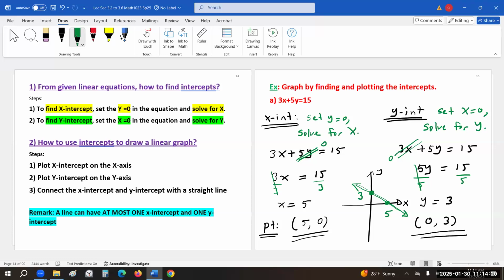And all of these you are going to do in the final exam. So you have a very fast final exam question. Draw a line, but first you have to find x and y intercepts. Any question?